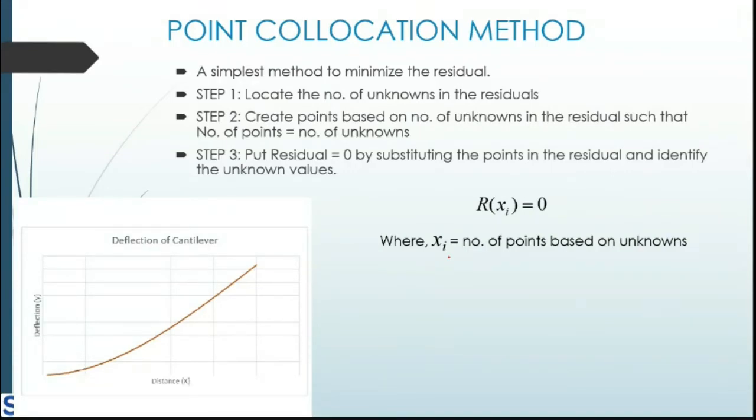I say that the residual at that point is 0, so that I can bring the answer nearer to it. That is the main purpose of point collocation. While solving the problem, you may be able to understand it in a better way. So I choose some point and say that at that point your residual is 0, so that your answer will be nearer to it.